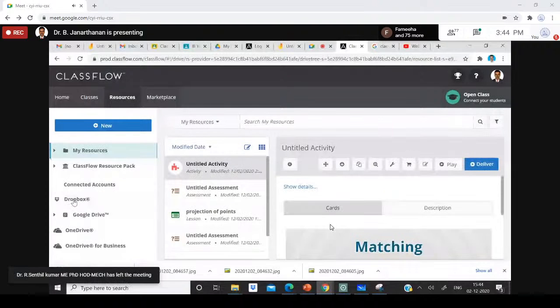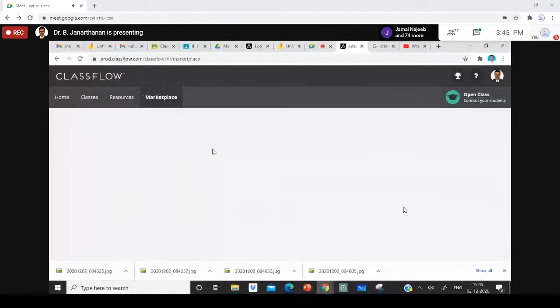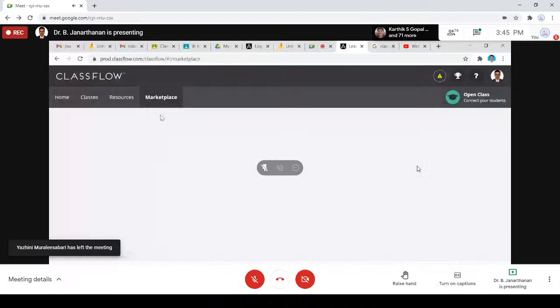Marketplace is where someone has created some resources and shared them in ClassFlow, and you can directly use those resources for your teaching. Most of the resources are free, and there are paid ones too, not very costly. Even with $1, you have many resources in the marketplace.